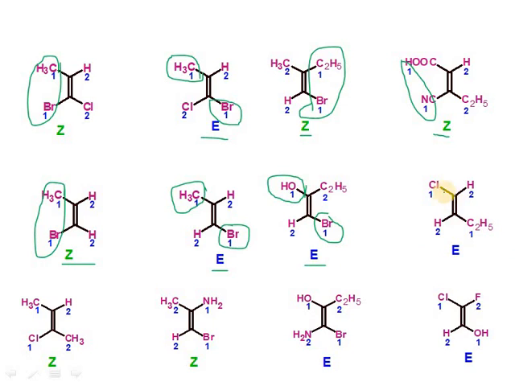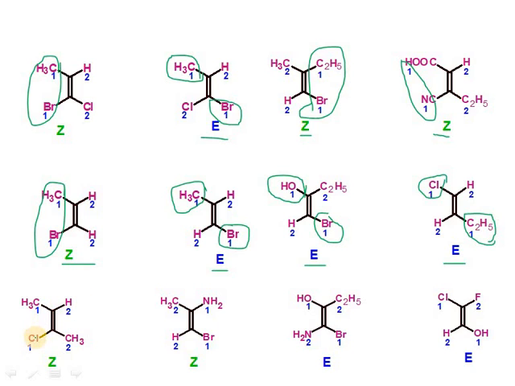Next, chlorine is first priority and hydrogen is second priority. Similarly, hydrogen is second priority and the ethyl group is first. So the highest priority groups are on opposite sides, so it is designated capital E. In these examples, the methyl group's carbon has atomic number 6 and hydrogen has 1, so the first priority is this and the second is this.